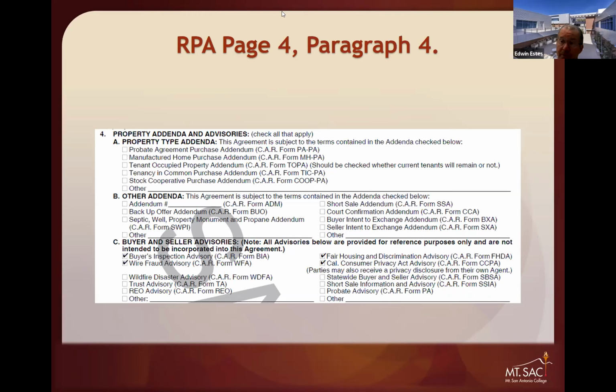Presumably, if it doesn't violate something in the agreement, I'm assuming the tenant in common ownership would have some sort of operating or ownership agreement that everybody has to abide by.